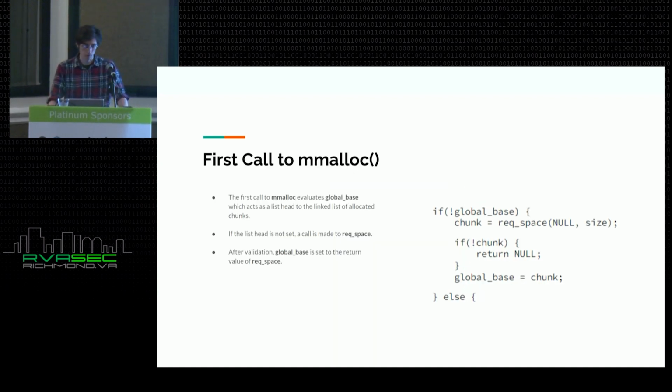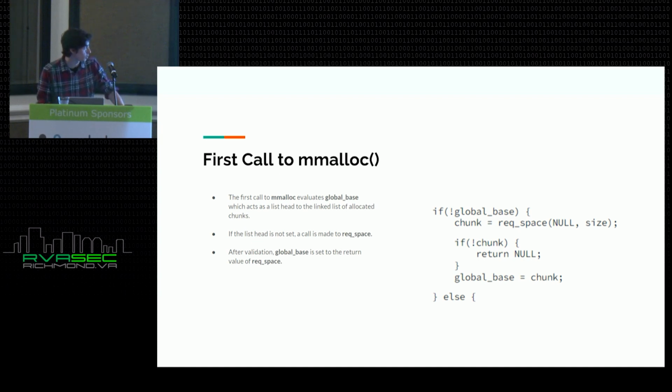All right, so malloc is our version of malloc. You can think of it as my malloc. So what happens on our first call to malloc? If we look at the code on your right here, you'll see that this global base variable is evaluated, and if it's not set, we make a call to rec space, check the return value of that, and then set global base to that return value of rec space.